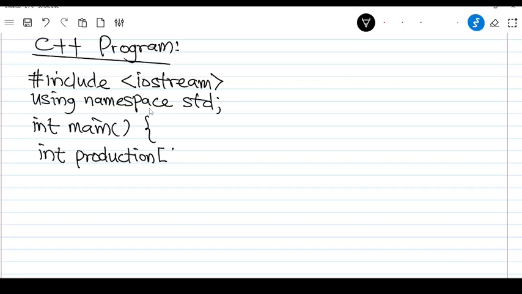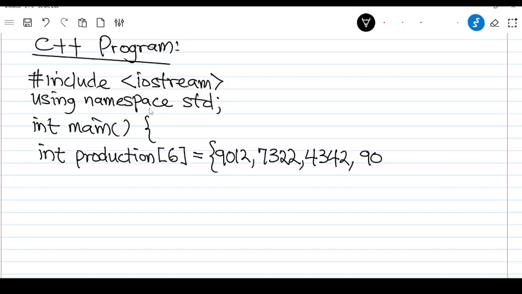We're also going to initialize it to have 6 members, to what we have been given. The first number is 9012, and the second one is 7322. The third member is 4342. The fourth is 9090. The fifth is 1990.